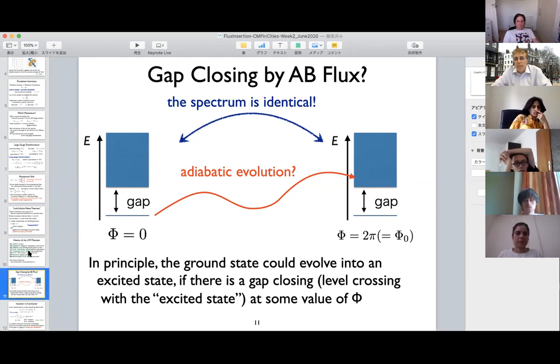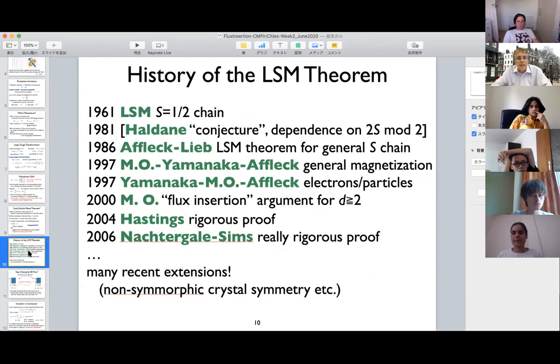Okay, yeah, sorry. In the non-symmorphic case, if you define the unit cell, the unit cell is usually defined with respect to the translation invariance only. The unit cell might be big, but non-symmorphic symmetry means that if you do a half translation and then a reflection, the lattice is invariant.